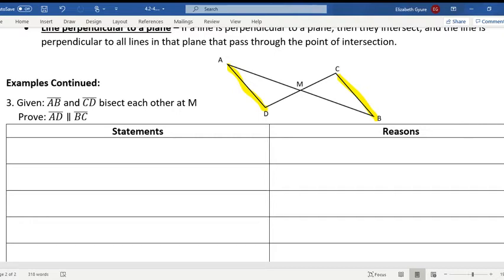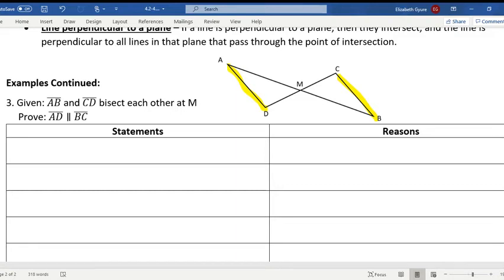Remember, parallel lines do only one thing, and that's give you congruent or supplementary angle relationships. So remember, the converse of that is if you have congruent angle relationships or supplementary angle relationships, you will have parallel lines. So let's work backwards through this a bit before we actually start writing it down.